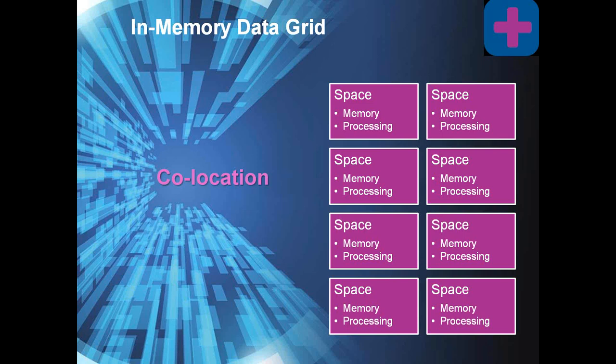So you simply apply and utilize more hardware, either physically in that environment or virtually. And you can also then achieve the redundancy that you're looking for by having more of these spaces available to pick up where a failed space may have left off because of some processing error.